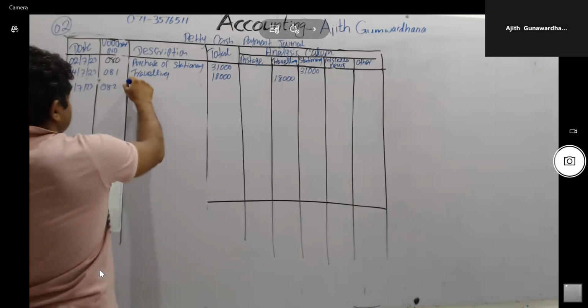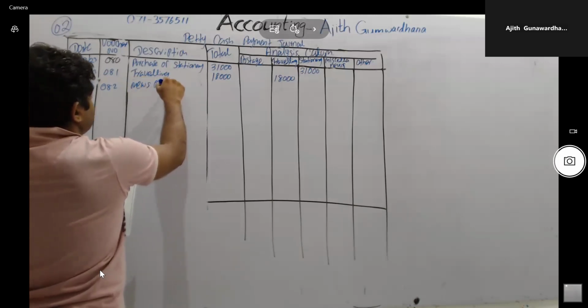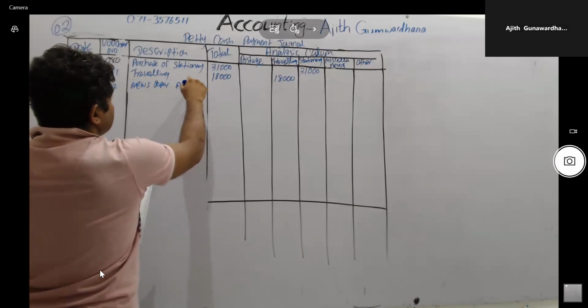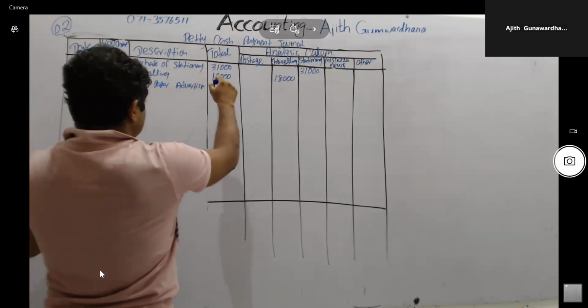Newspaper advertisement. The value equals 6,000.